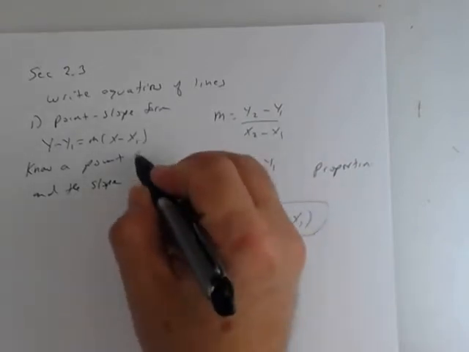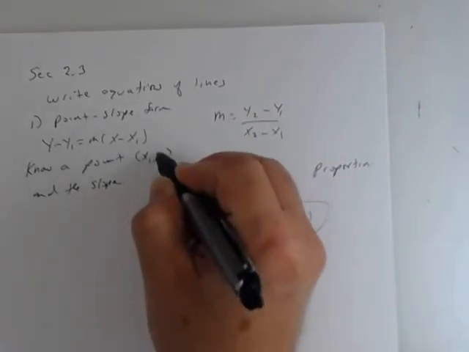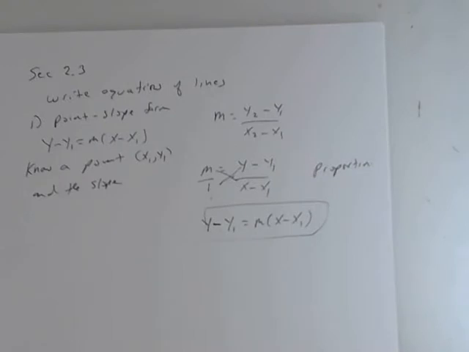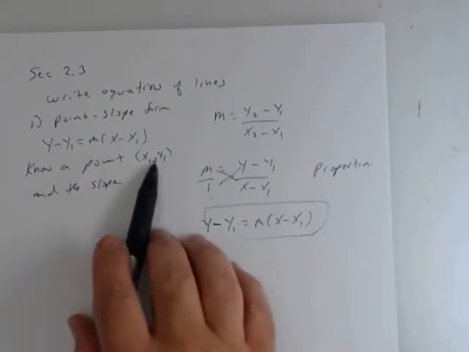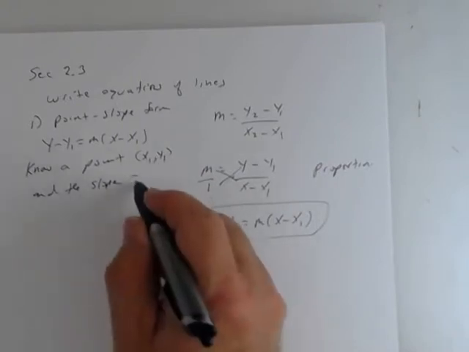Now your point is going to be x1 comma y1, not x y. Whatever that point is, you're going to substitute into the x1 and the y1. You never substitute into x and y. x and y are your variables. x1, y1 are the coordinates of the point that's on that line. And the slope is denoted by what letter?